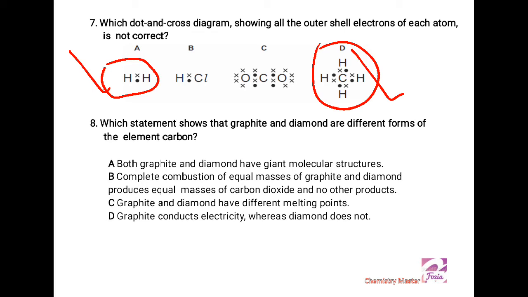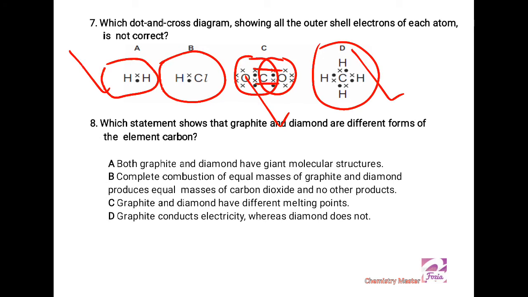We see the structure of carbon dioxide. Here again 4 dots of carbon are present in the valence shell, and 6 electrons, which are shown by crosses, are present in oxygen, and they are making 2 bonds, meaning 2 pairs of electrons are shared. Again, it is true. But here we can see there is one thing wrong, or rather you can say incomplete, because chlorine does not have a single electron.